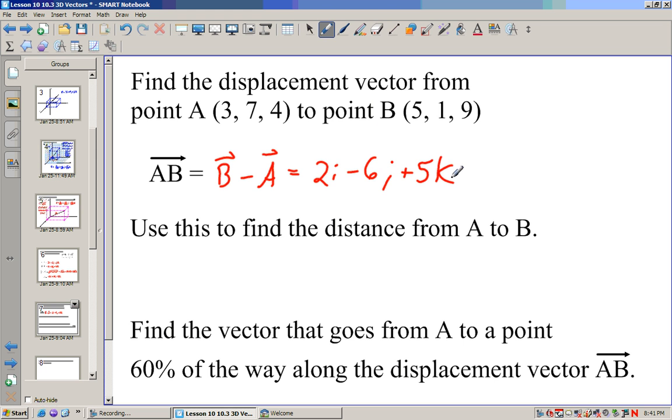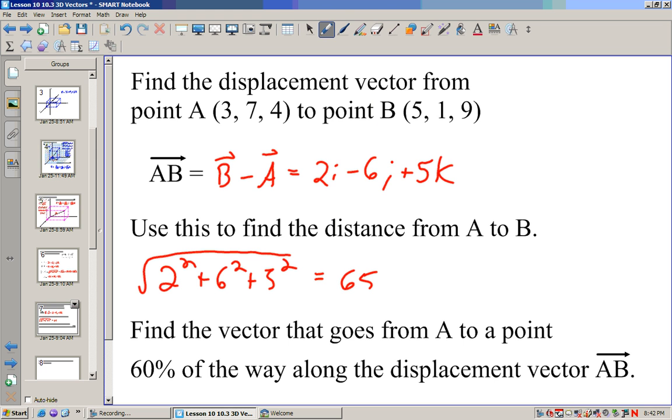Now, once we have that, if I want to use that to find the distance between point A and point B, the distance from A to B is going to be 2 squared plus 6 squared plus 5 squared, and then square root that. So 2 squared plus 6 squared plus 5 squared is 65.